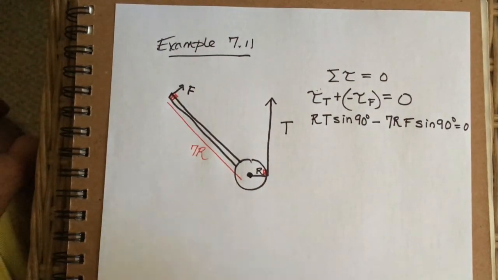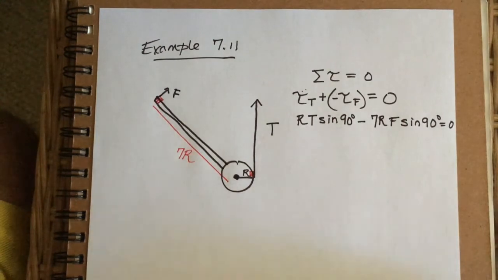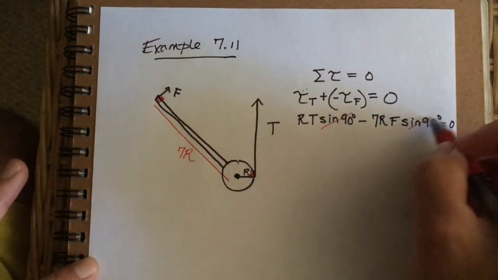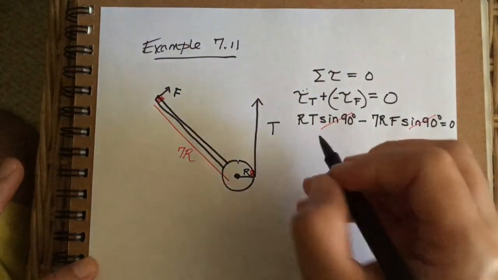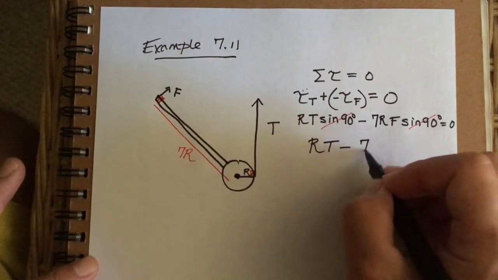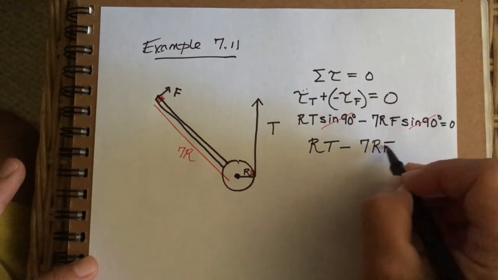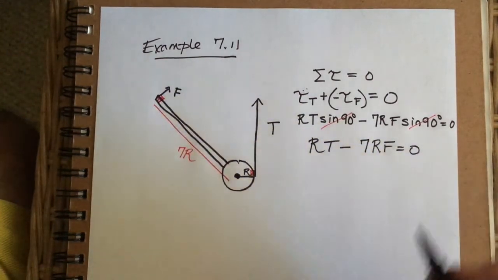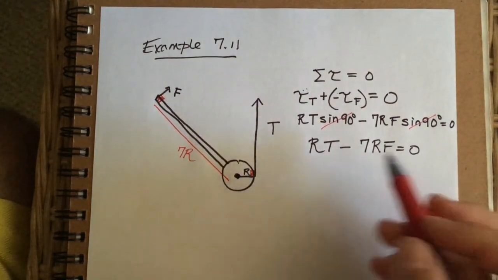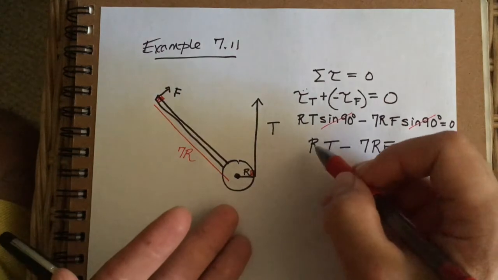So we can go ahead and solve this equation. Right away, by looking at this, we know sine 90 is equal to 1. So I'm going to rewrite it more simply: rT minus 7rF equals 0. We can go ahead and cancel off the r's. Just factor an r out, divide both sides by r, and it goes away.